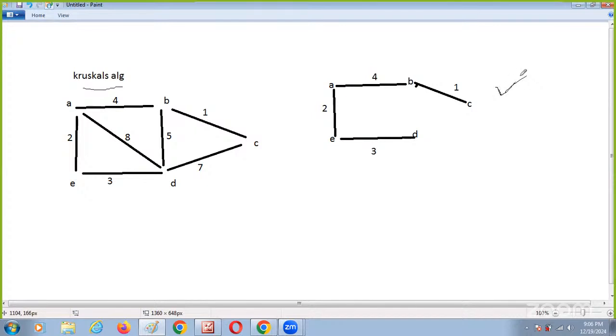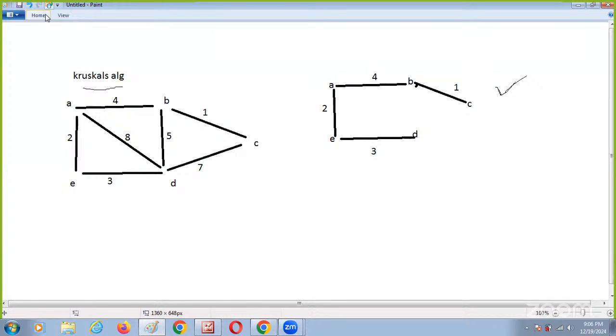So that is Prim's algorithm as well as Kruskal's algorithm. Like this, you can try to work out problems in GATE.